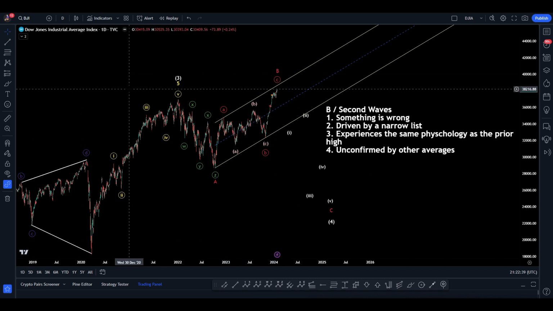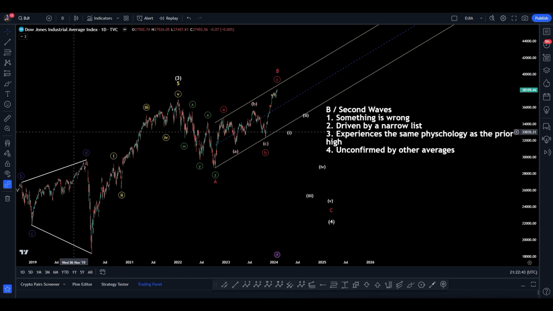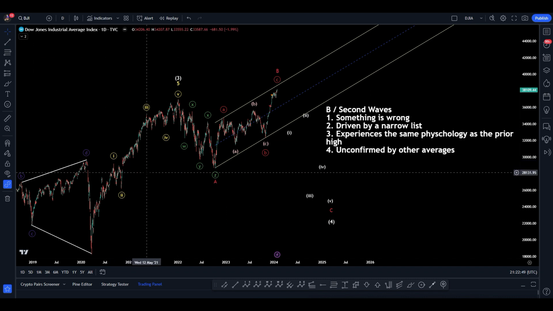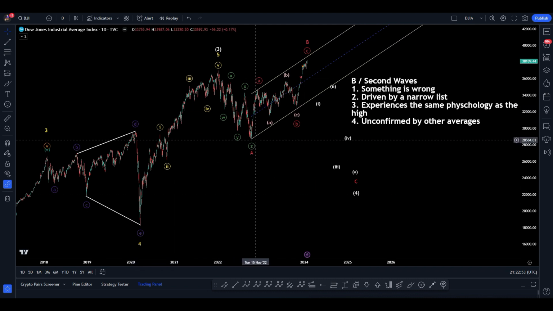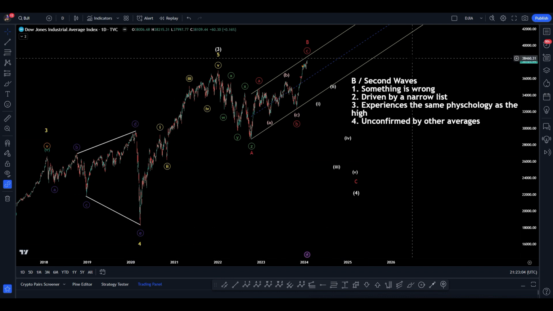Why do you say something is wrong with this market? Well, we have a couple problems across all the indexes. But the first big problem we have is that we are barely touching just the D wave of the prior degree.